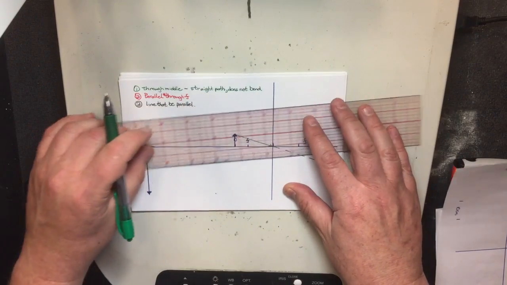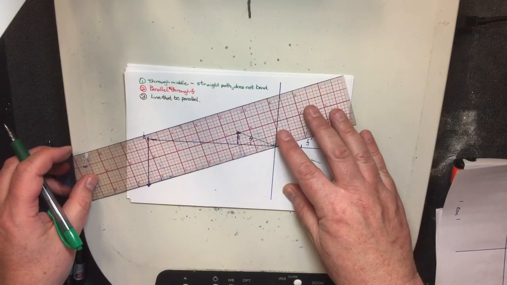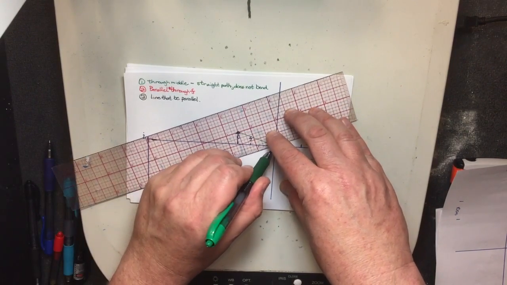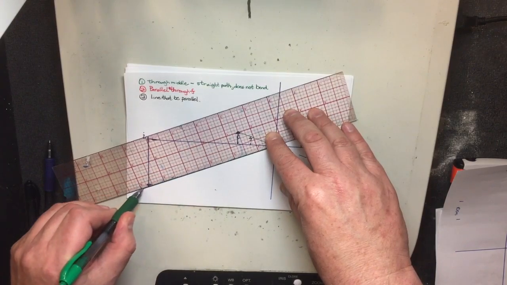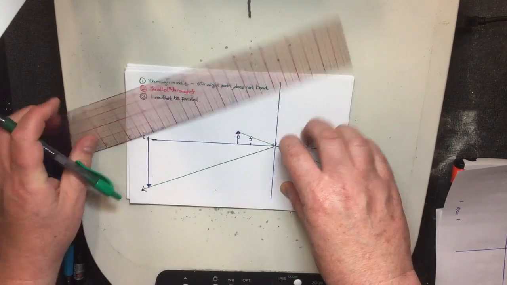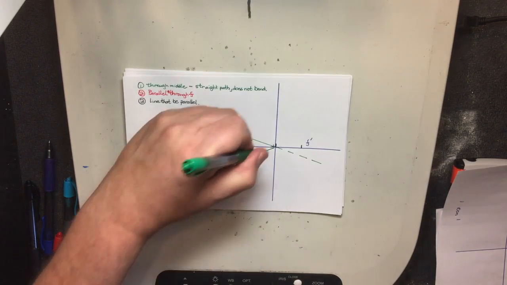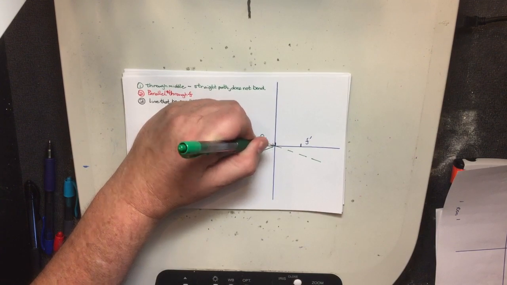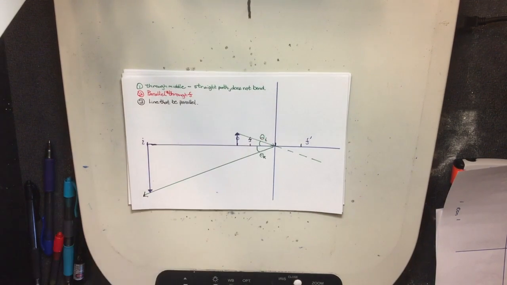But really what happens is it gets reflected, and what you'll notice is that this angle and that angle are the same. So if you measured those angles, they would be equivalent.